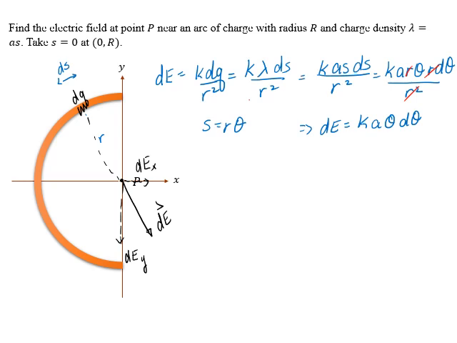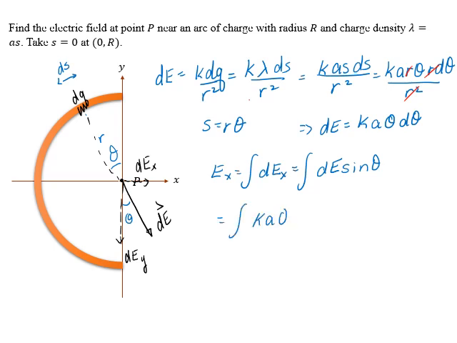So then next, to find our Ex, it's going to be the integral of dEx, which is the integral of dE. I'm going to pick this one for my theta, which makes this one theta. So it's dE times sine theta. Fill in for my dE, I get the integral of k times a times theta times sine theta times d theta.